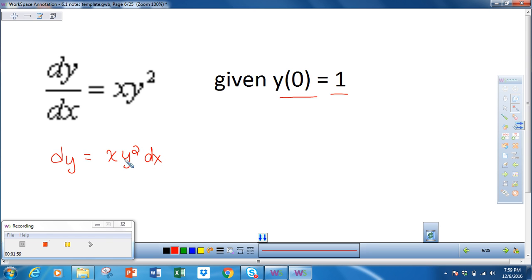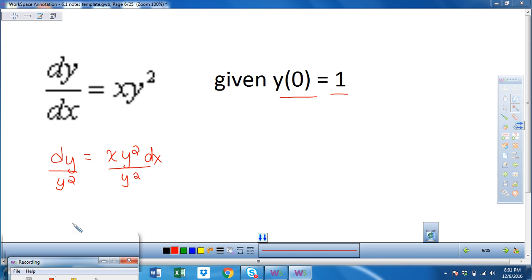Okay, so what's wrong with this? I still have a y squared, so let's divide by y squared. In the future, I will do all of this in one step. I'm just doing it in a couple of steps for effect, if you will. So now I have dy over y squared is equal to x dx.